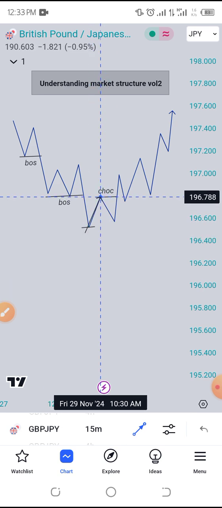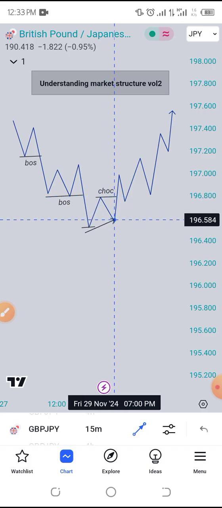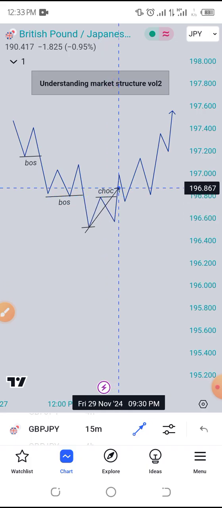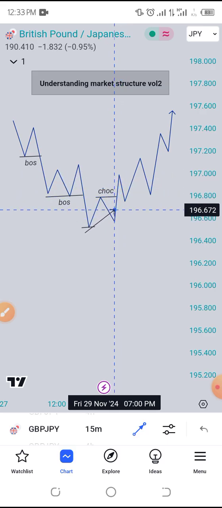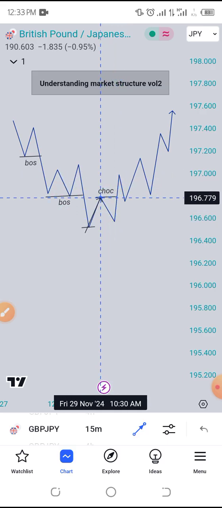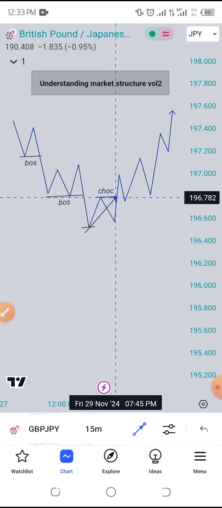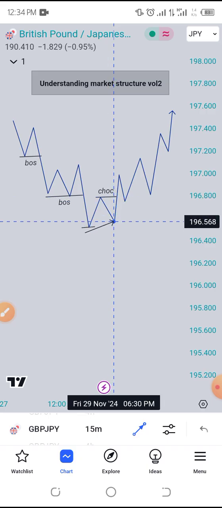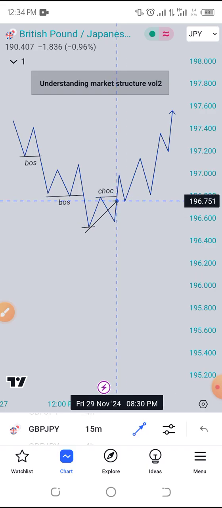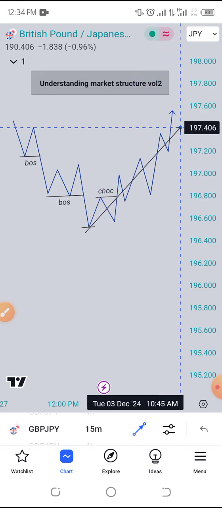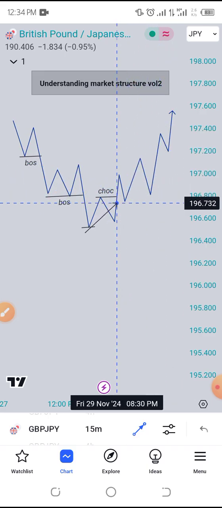Instead, after price got to this level and reversed down here, it continued its upward movement. So the point at which price broke this particular high is our change of character. Are you seeing it? As long as this low is protected, that is one of the ways to validate that this uptrend is going to hold, at least for some time.